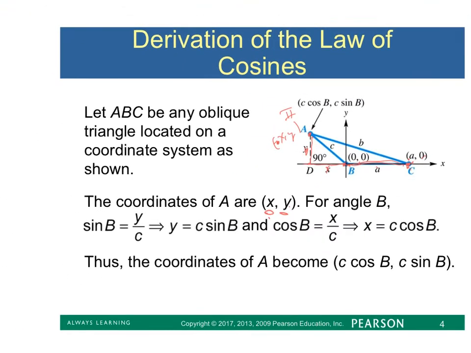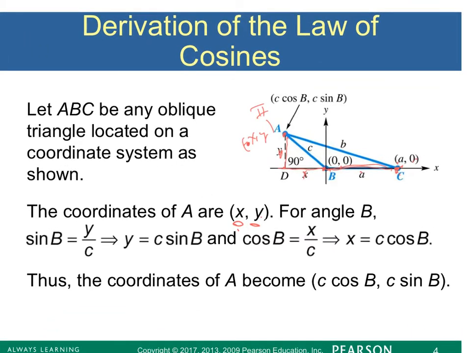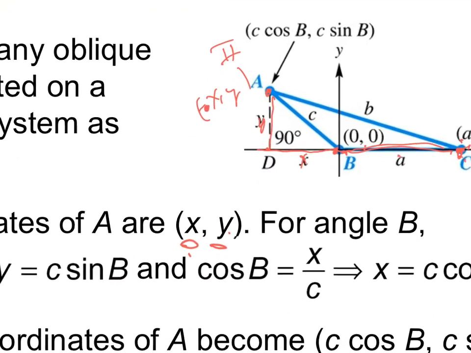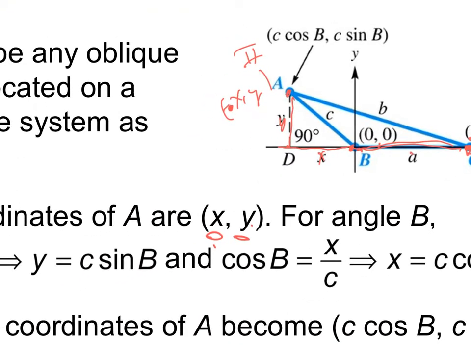And for angle B, look at angle B. He's calling angle B this angle right here. And we are looking at this right triangle that got created with this x, y, and angle B. So angle B is this angle here.